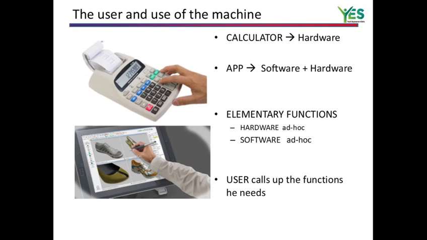Over time, some of these elementary functions have become more and more sophisticated, so the electronic calculator has developed more advanced functions such as square root, trigonometry, expressions. And software products have grown to provide increasingly intelligent functions, i.e. capable of autonomously carrying out increasingly complex tasks, relieving the user of this.